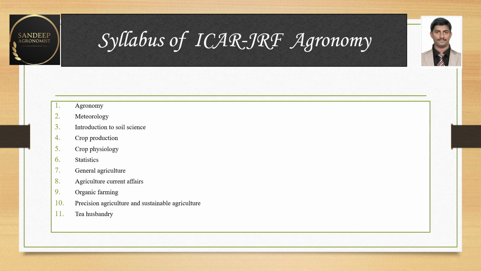No need to read the entire Rajendra Prasad book. Why? Because that will be very time consuming and you may not get enough time. And for crop physiology, first you go through Nemraj Sunda and next Agronomy Facts for Competition. This is how we need to prepare for the JRF examination.